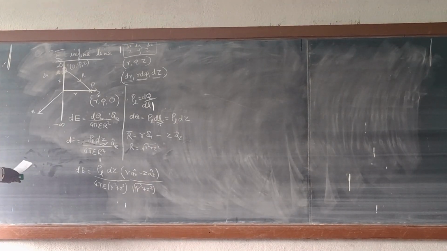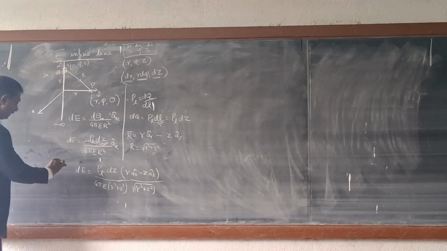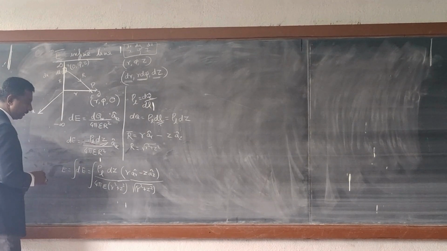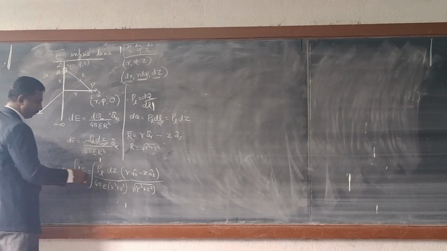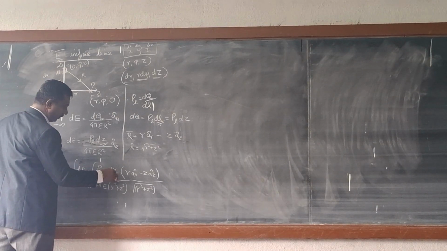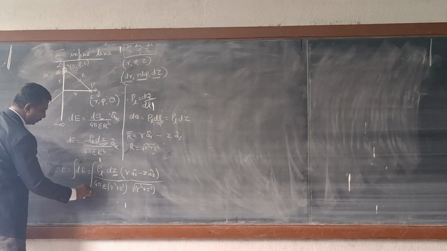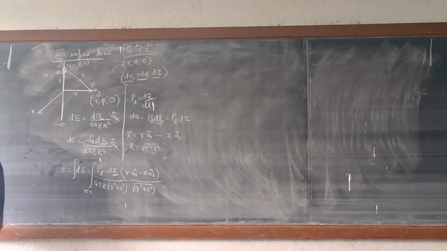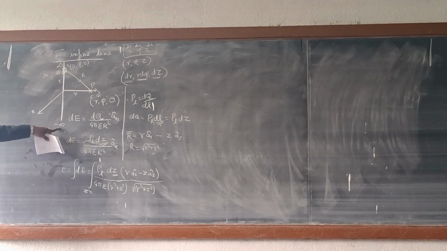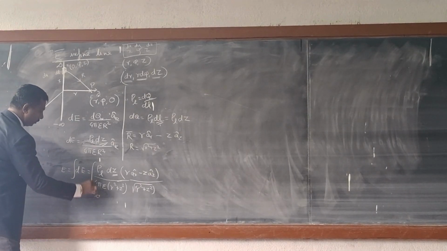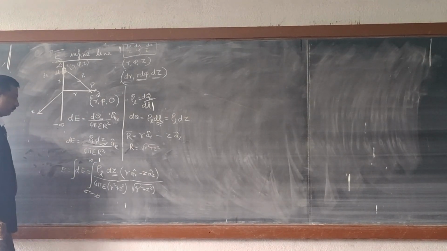Now I am going to find E. E can be found by integrating these things, right? From this we are sure that z is a variable, so going to substitute for z. Since it is an infinite line, the z limit is minus infinity to plus infinity.